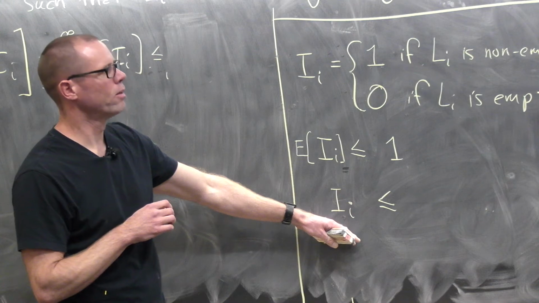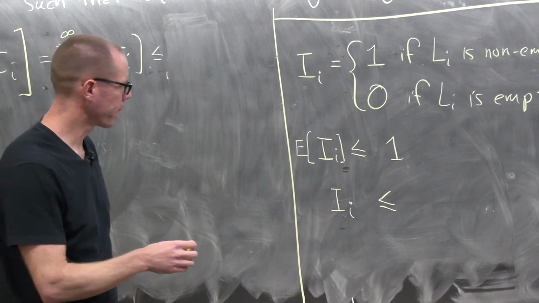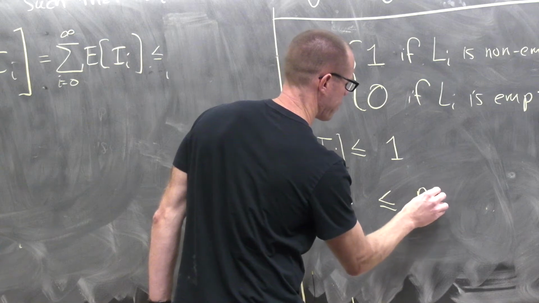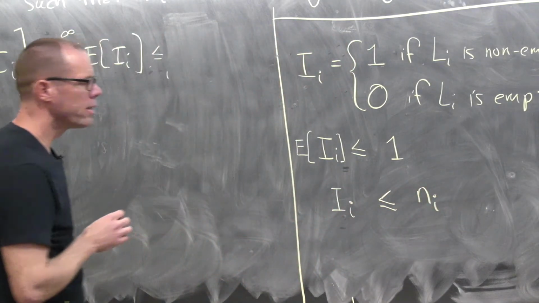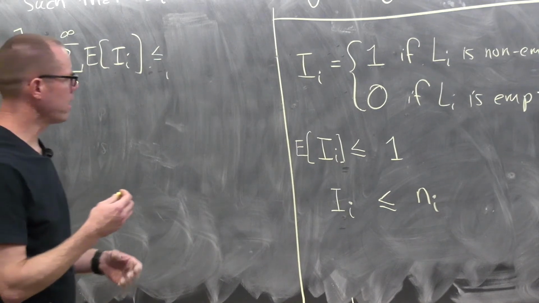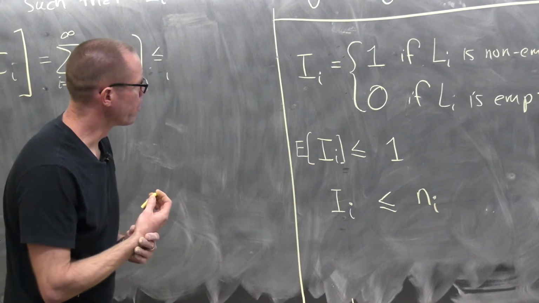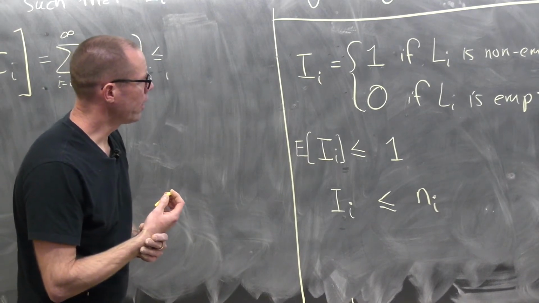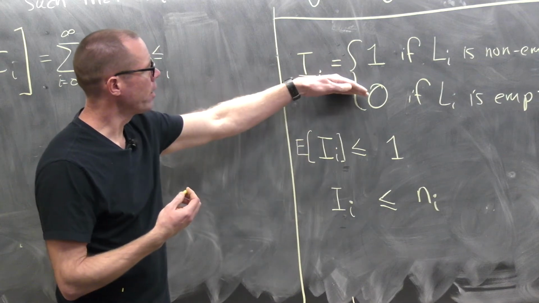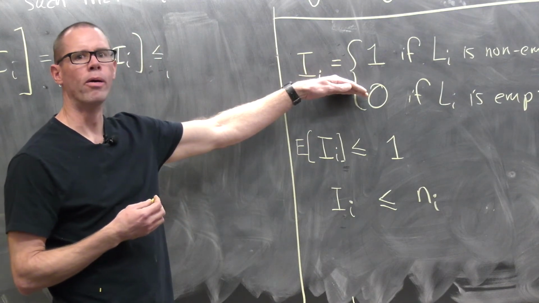But it's also less than or equal to n sub I. Let's think about that for a second. So we have to verify that this is true. If the list L sub I is empty, that means that I sub I is equal to 0.